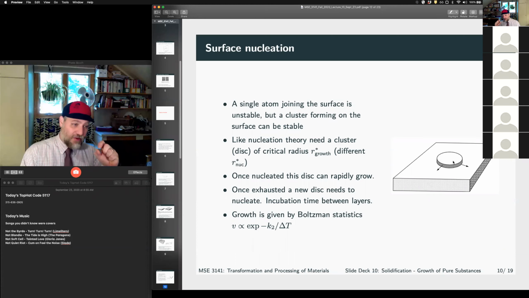Now we have to wait a little bit of time for the next nucleation event to happen. So the growth for surface nucleation isn't as smooth as it is for others. And because we have to overcome the energy difference between these two states, our growth is going to be given by Boltzmann statistics, just like for nucleation theory.